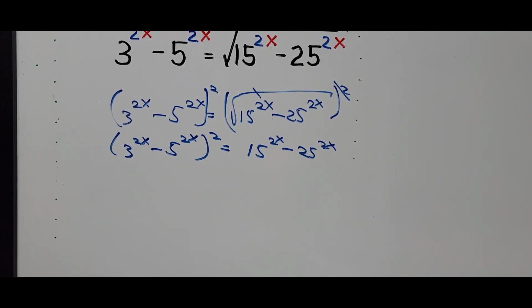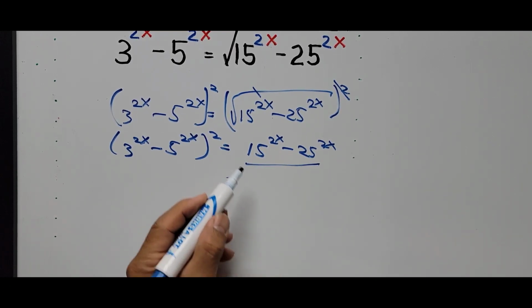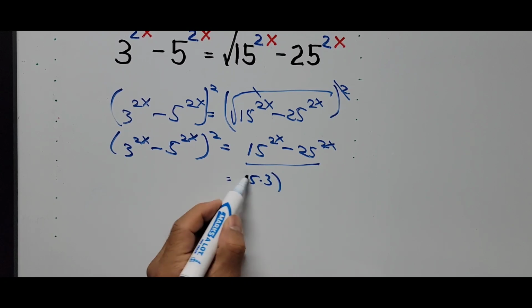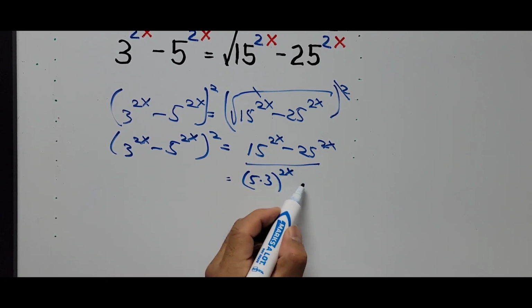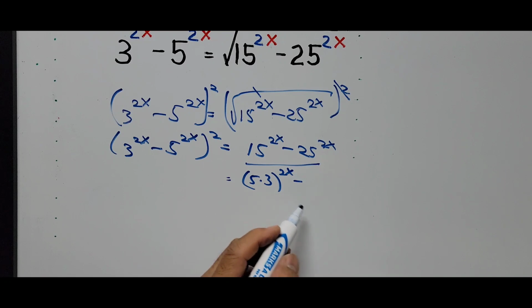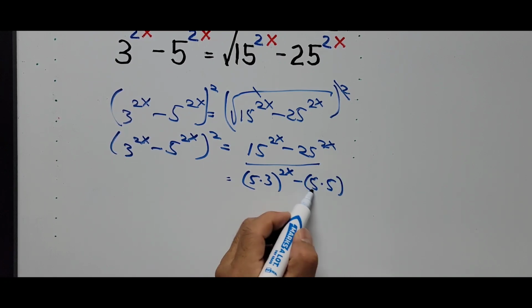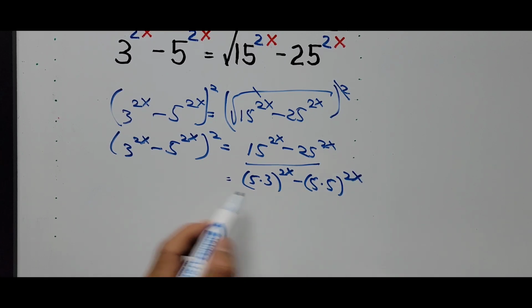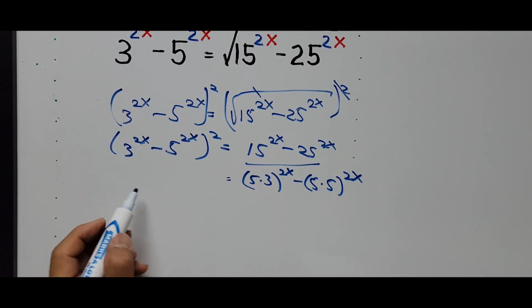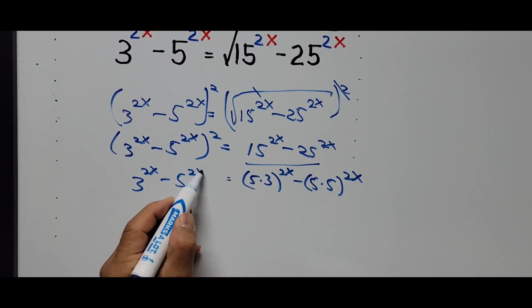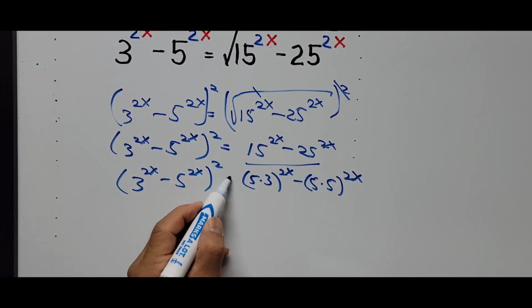Now the right side of the equation: 15 could be written as 5 times 3, raised to the 2x, minus 25 could be written as 5 times 5, and that is also raised to the 2x. The left side of the equation is the same, 3 raised to 2x minus 5 raised to 2x, squared.